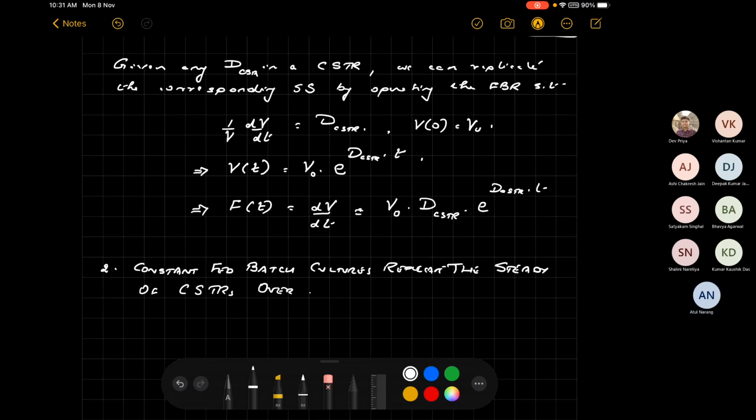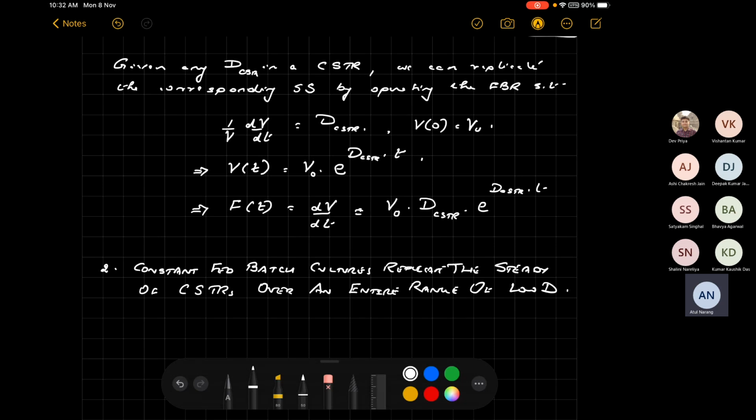over an entire range of low dilution rates. So in an exponential fed batch reactor, we were able to replicate the data obtained in a CSTR at a particular dilution rate.